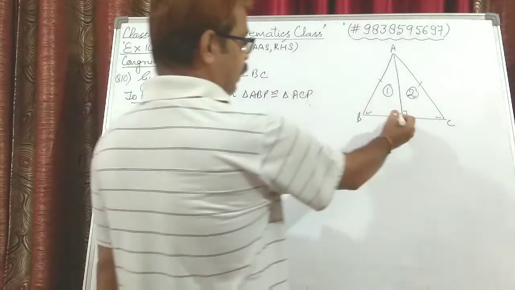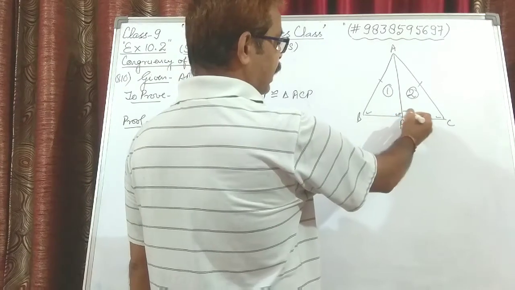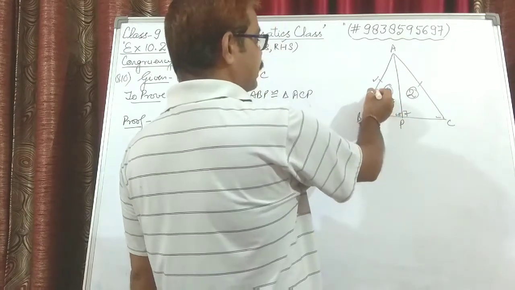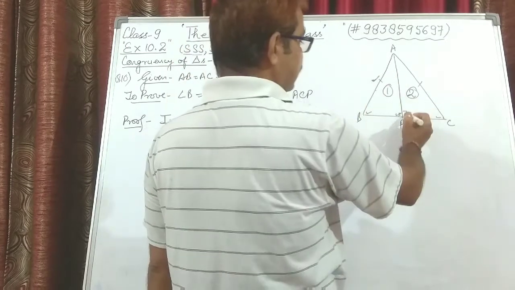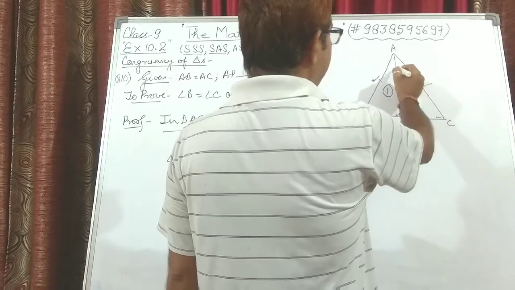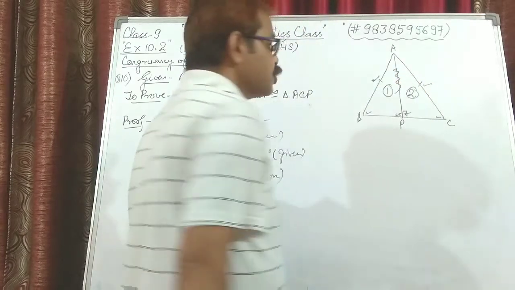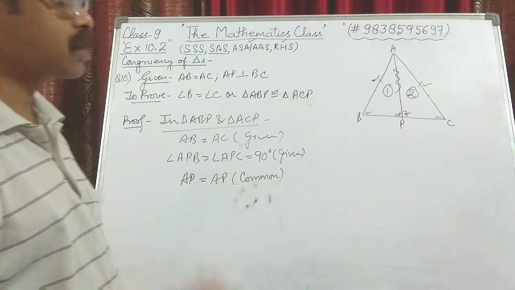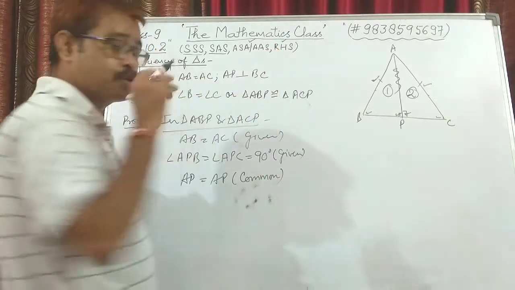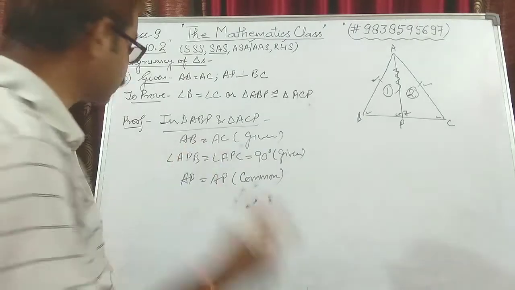So now what we see, right angle and right angles are equal. Hypotenuse, the side opposite to the right angle, is the hypotenuse. Both these are equal, and one common side. So we can say that these two triangles are equal because of the RHS rule, right angle hypotenuse side rule.